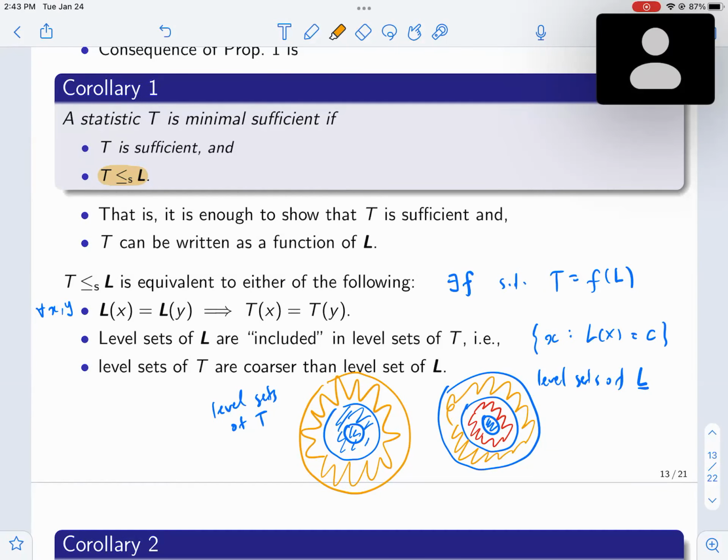So the vector of likelihood ratios, if you have another sufficient statistic, it's talking about distinguishing between the data points, like here are the sums. If I have two observations, like summation of xi and summation of yi, and the likelihood is the same for both up to a constant, then these sums have to be the same.